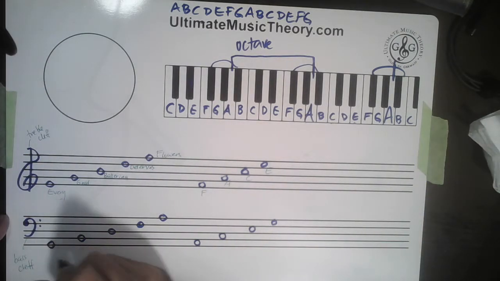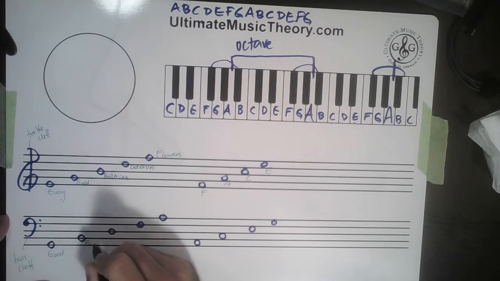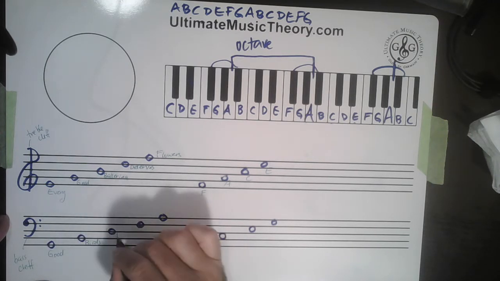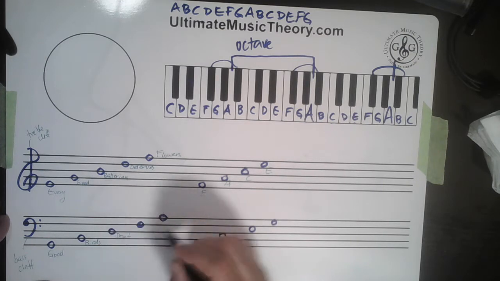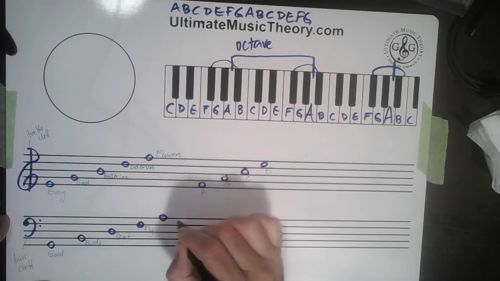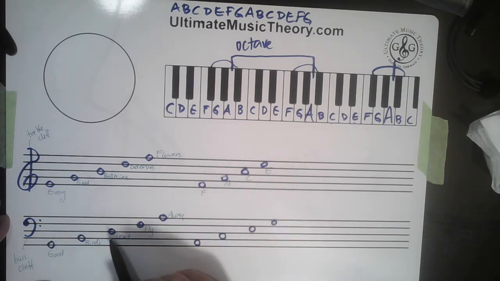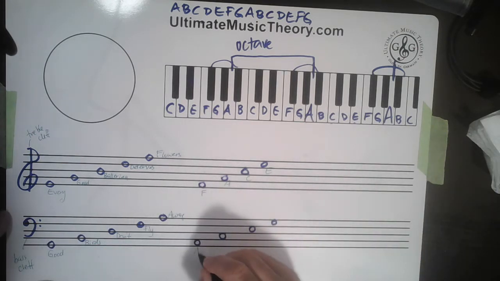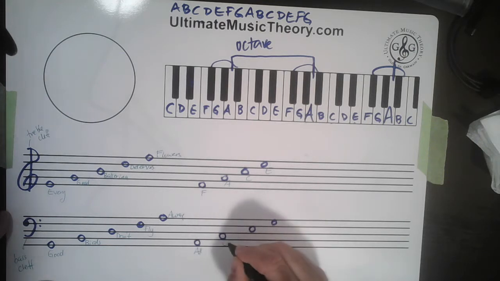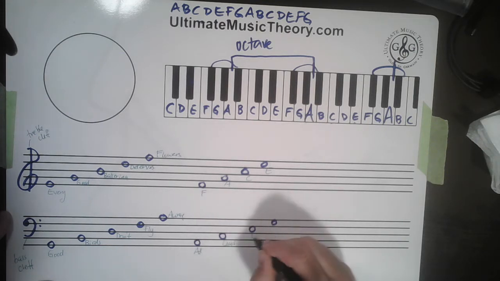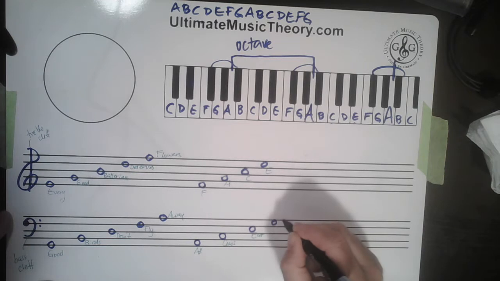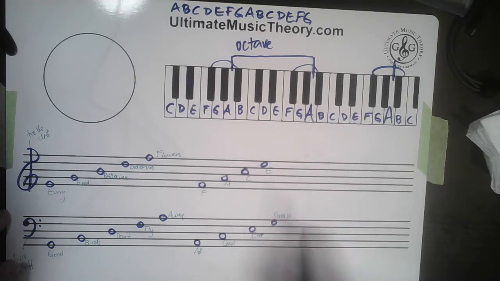On the lines, good birds don't fly away. Good birds don't fly away. And in the spaces, all cows eat grass. All cows eat grass.